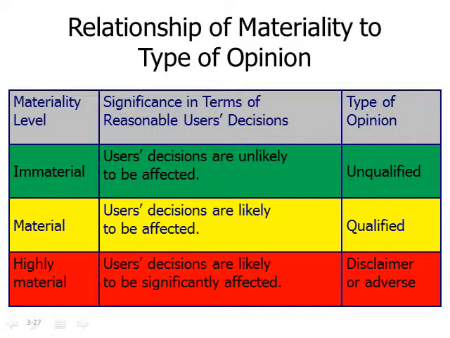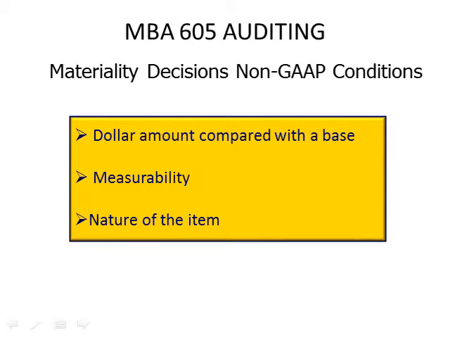And if it is highly material, where the users' decisions are likely to be significantly affected, we'll issue a disclaimer or an adverse opinion. Where it's highly material and we issue an adverse opinion, we really are saying that you can't rely on these financial statements. So materiality decisions around non-GAAP conditions include dollar amounts compared with the base, measurability, and the nature of the item.